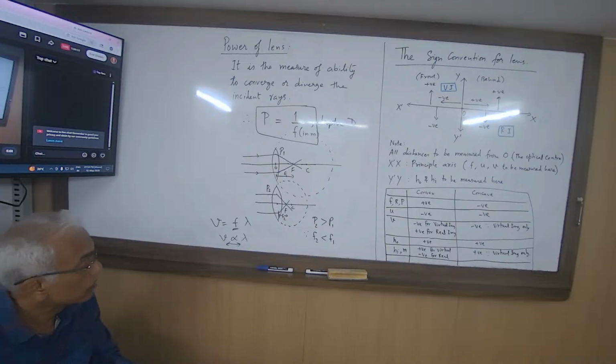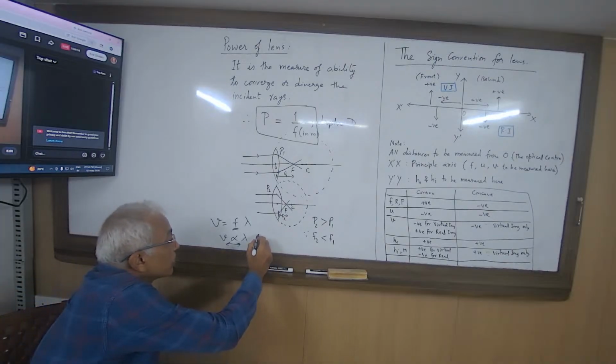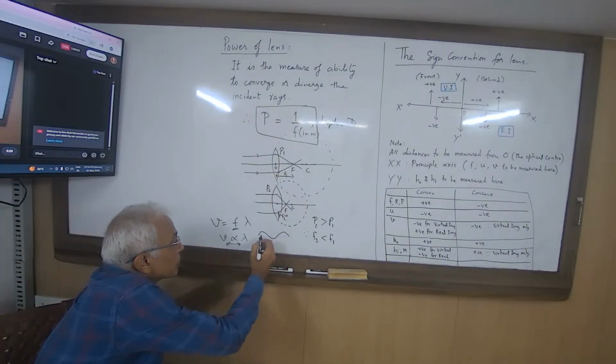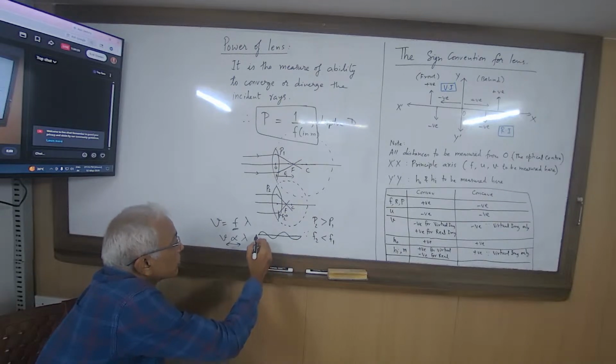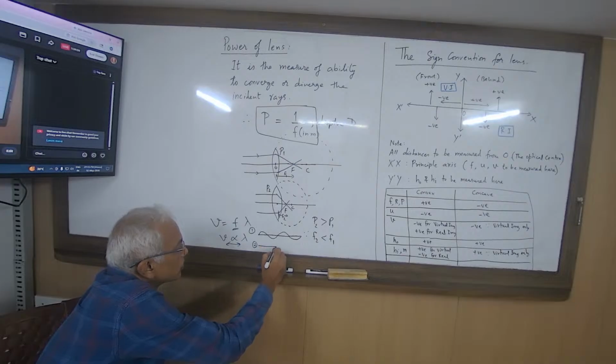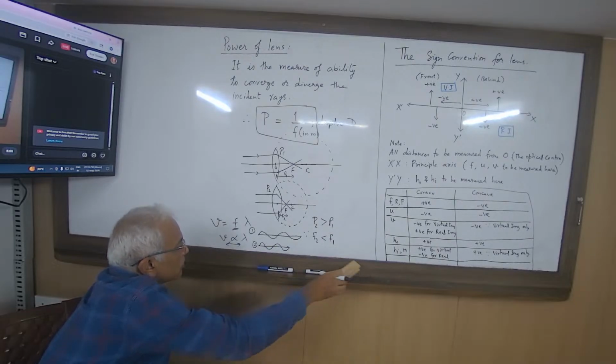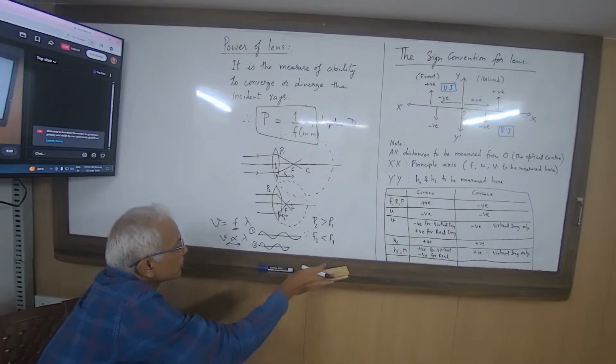It's like this. In the rarer medium, let us say this is the wavelength. You see two wavelengths of this. So this is the first medium. In the second medium, in the same time, the wave has traveled only this much distance.